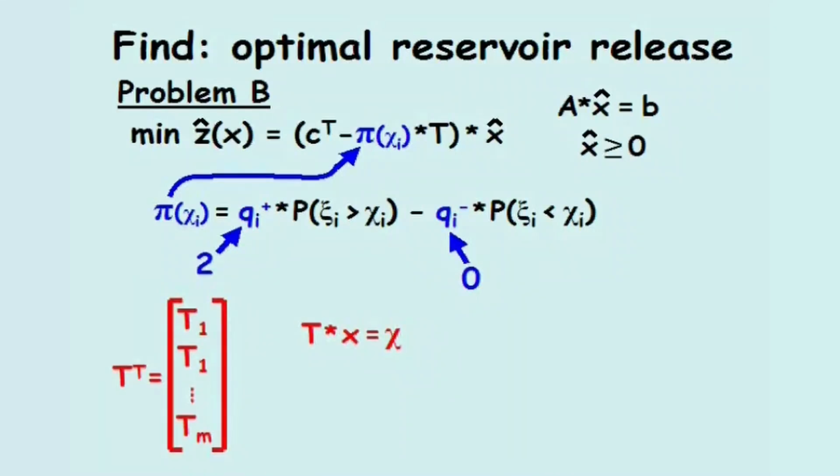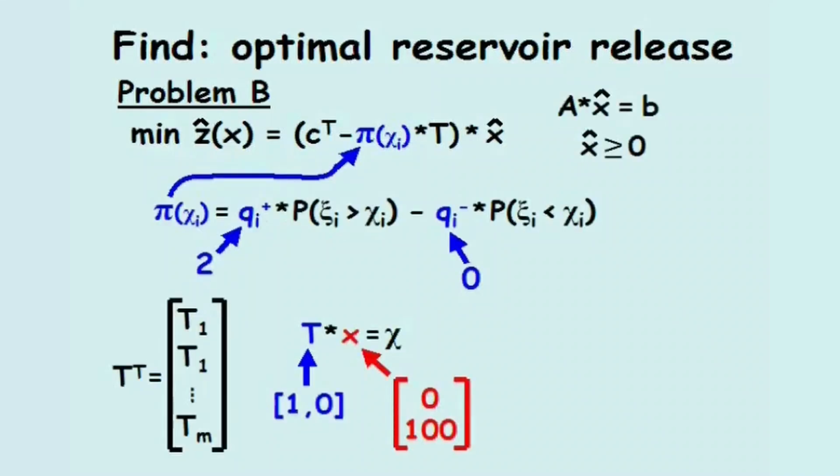Next, we'll define vector T such that Tx equals the production, or total supply, chi. Since 100% of X1 contributes to the supply and 0% of X2 contributes to the supply, vector T is 1, 0. From our initial conditions, vector X is 0, 100, which makes chi equal to 0.